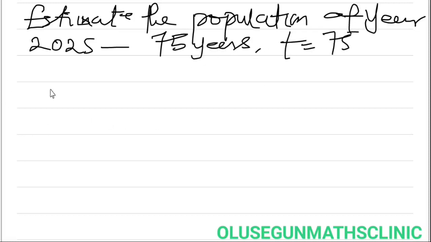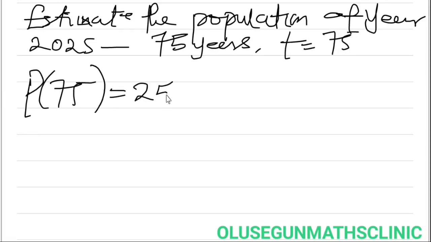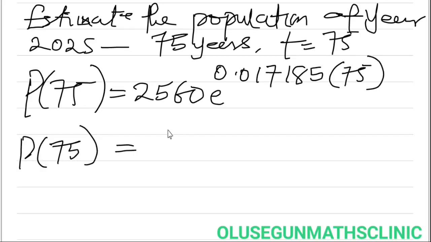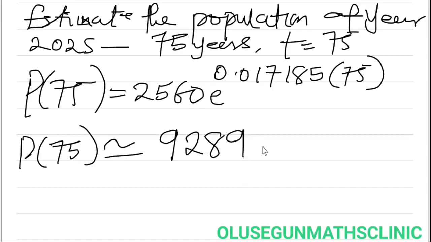P of 75 will be 2,560 e raised to 0.017185 times 75. By the time we approximate, we have 9,289 million of population.